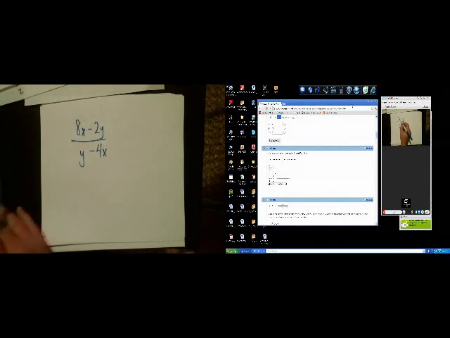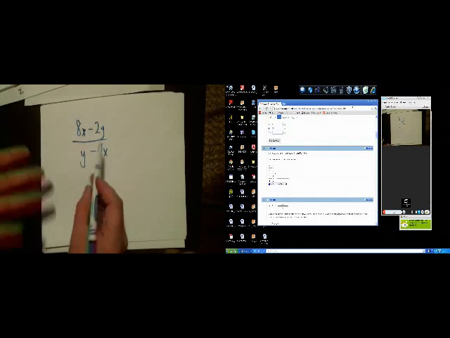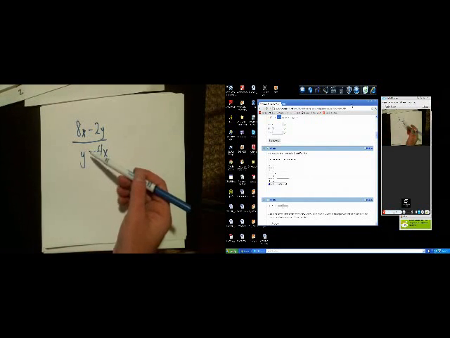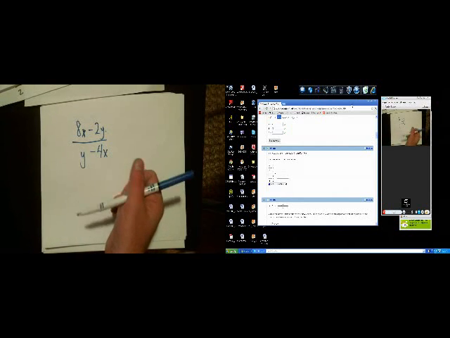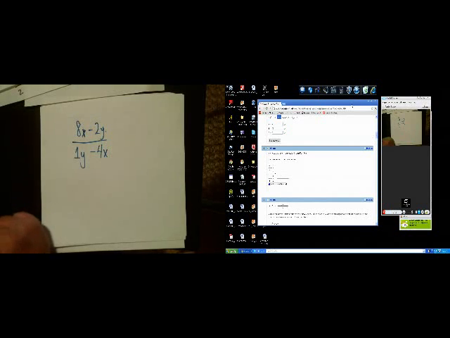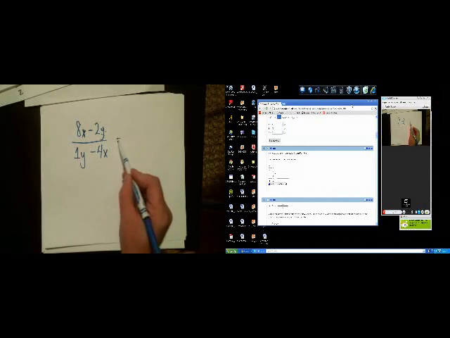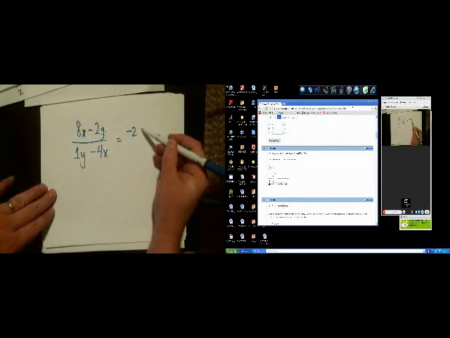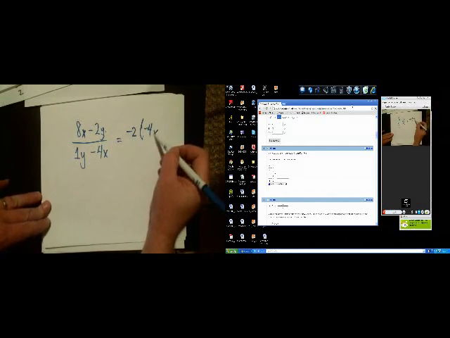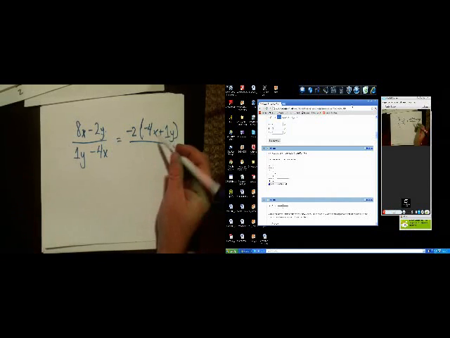You can always set yourself a goal of, I want to make the coefficient of y be the same. If this coefficient is 1, and this coefficient is 1, then I factor out a negative. That's a way that you can think of it for yourself, to make sure you get the right sign.